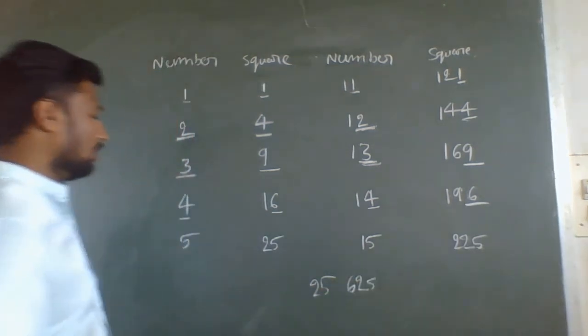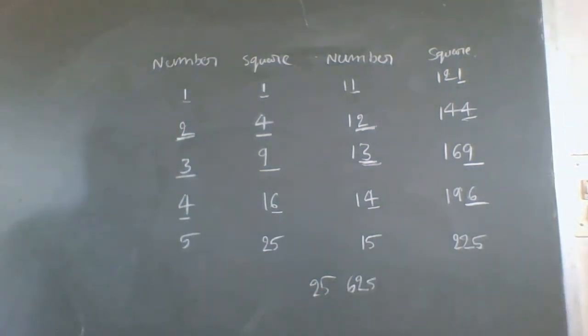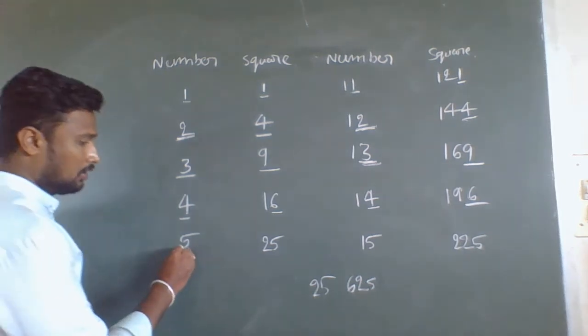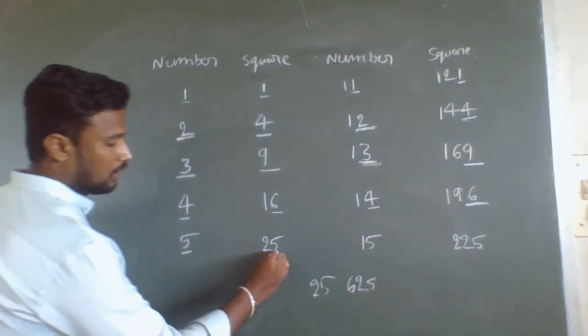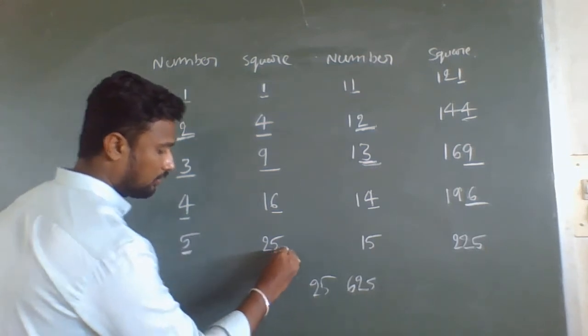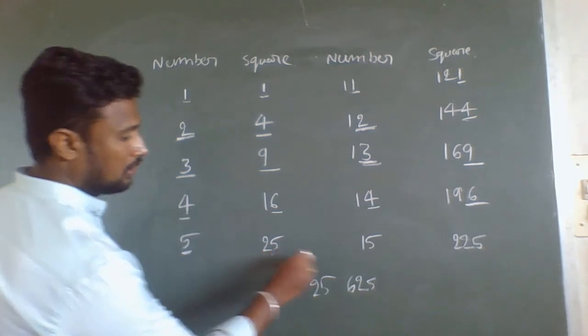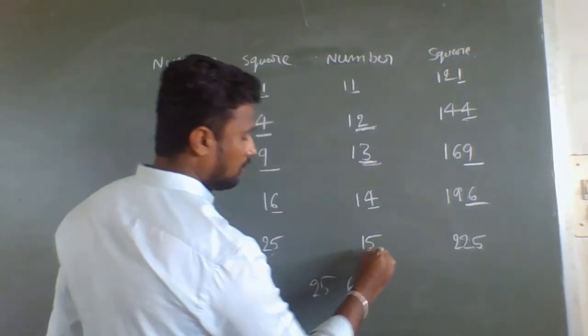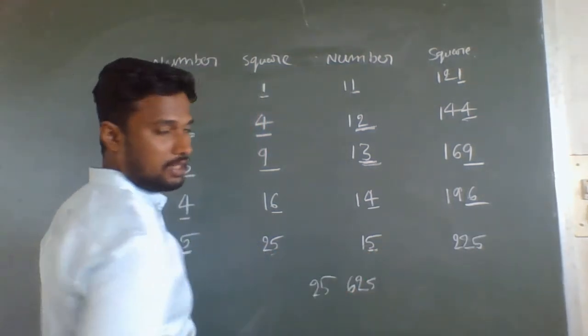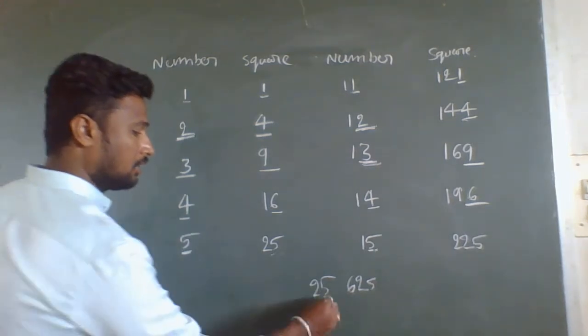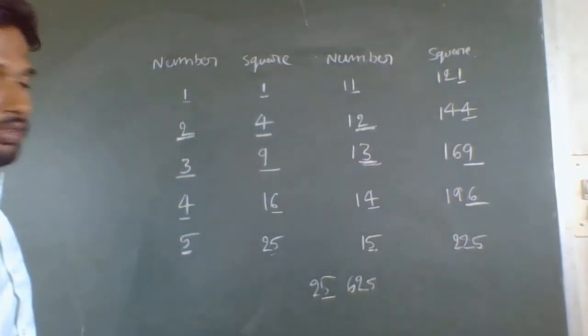Now tell me, what do we know from this value 5? So here 5 is at the unit place, 5 in 25, here in 15, 5 is there at the unit place, and here in 25, 5 is there at the unit place.